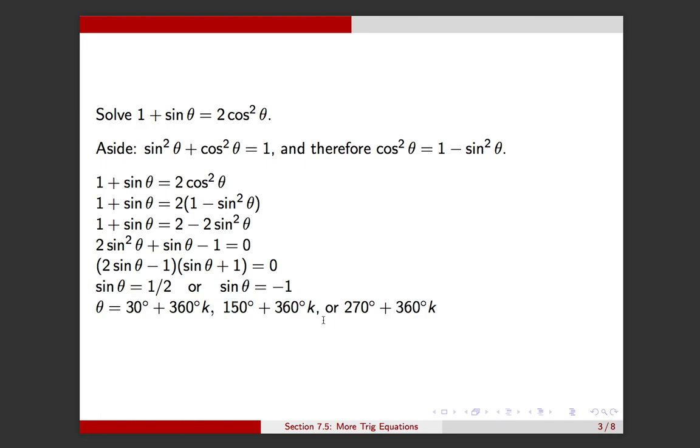Well, that's at the very bottom of the unit circle at 270 degrees. So sine is only negative 1 at one place on the unit circle, but sine is a half at a couple of places, 30 and 150. So all of that to say, we started with an equation that was fairly complicated, and we reduced it down to just solving these two individual equations, which are not complicated.